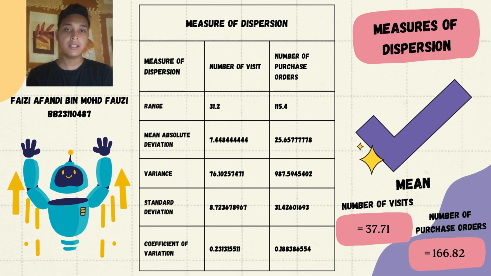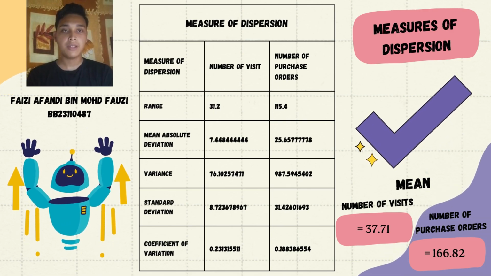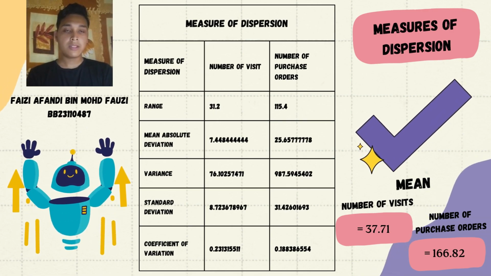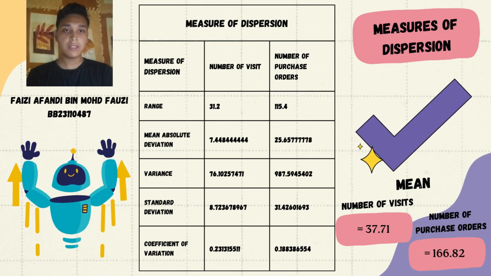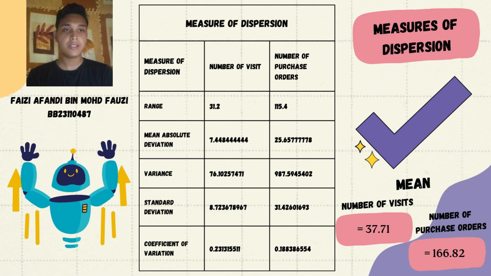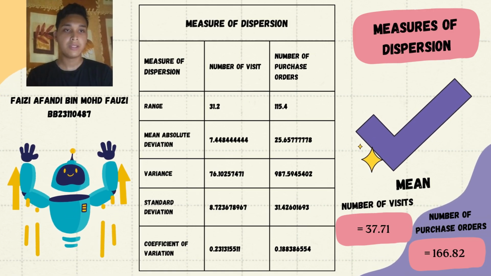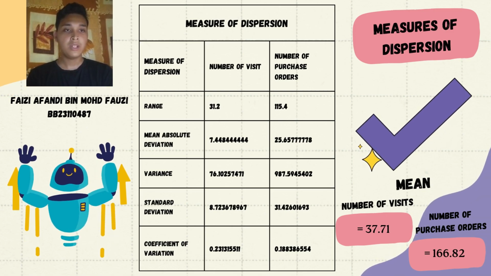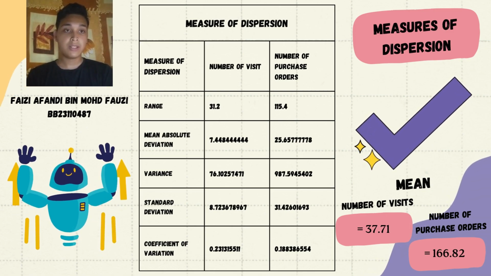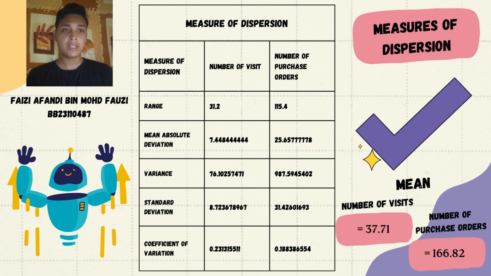And the last one is the coefficient of variation. For this one I use the standard deviation divided by the mean. As you can see, the mean for number of visits is 37.71 and the mean for number of purchase orders is 166.82.